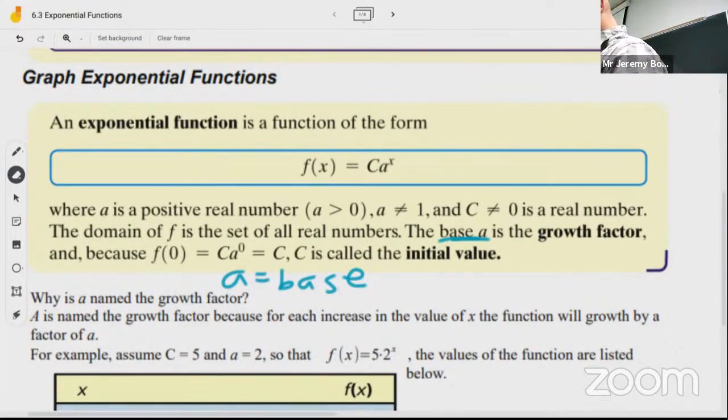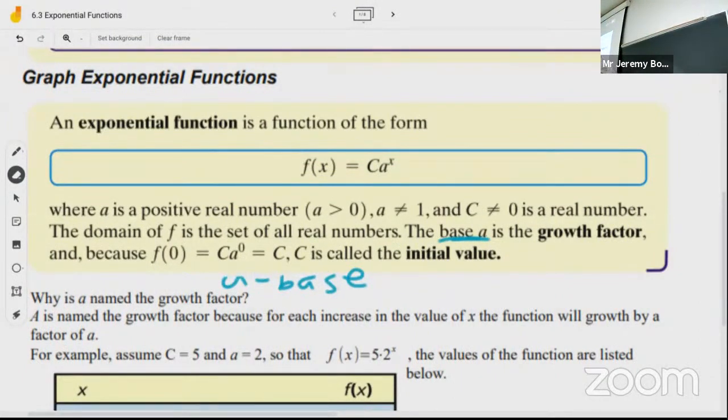I don't remember. What's 3 raised to the 5th? 243. And so it grows really fast. If we did a base of, let's say, 10, you'd have 1, 10, 100, 1,000, 10,000, 100,000, a million. So that's growing super fast. So that a is going to tell us how fast it's going to grow.